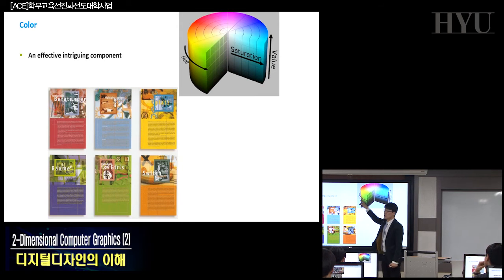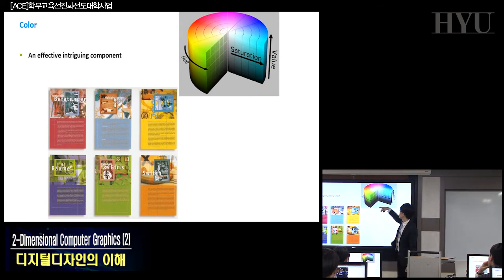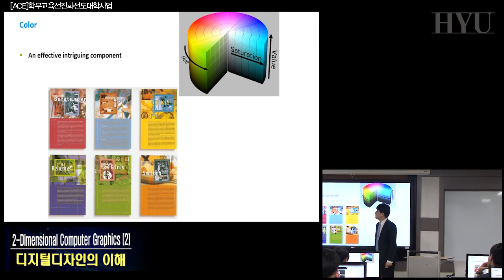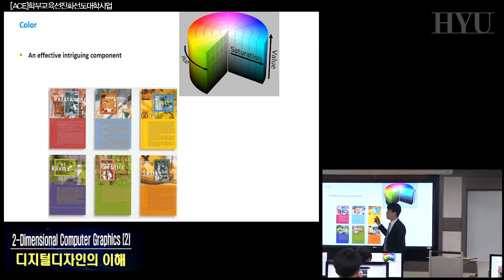Hue, the term hue means the variation of colors, you know, saturation and the color value. In our lab exercise hours, we're going to take a look at some similar system using computer software, Photoshop, okay? But anyway, it is an effective and intriguing component when you use your own design presentation in 2D.